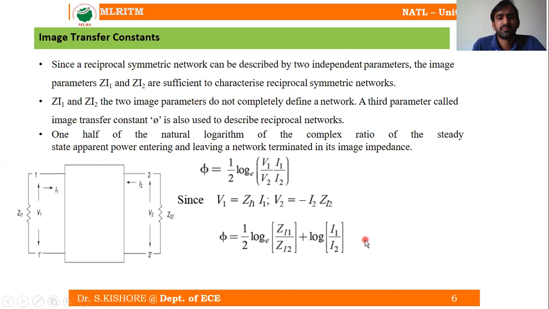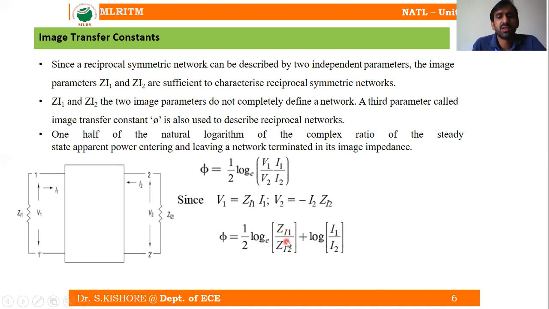If the network is symmetrical, Zi1 is equal to Zi2, which is nothing but the iterative impedance. The image impedance can also be known as the iterative impedance if the network is symmetrical.